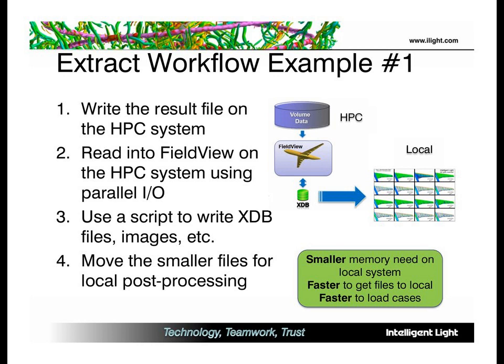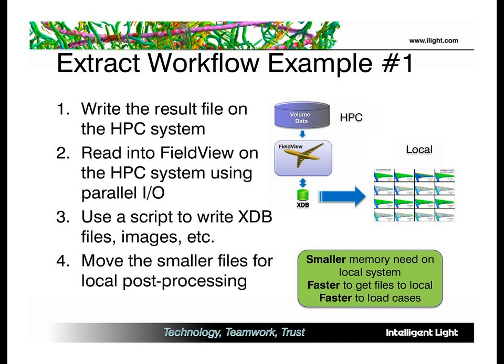The benefit is smaller memory need on the local system. If you're starting with a 6 gigabyte volume file and you want some cutting planes and your body geometry and maybe a couple of isosurfaces, that's going to be on the order of hundreds of megabytes. And so the memory load on the local workstation is much less.